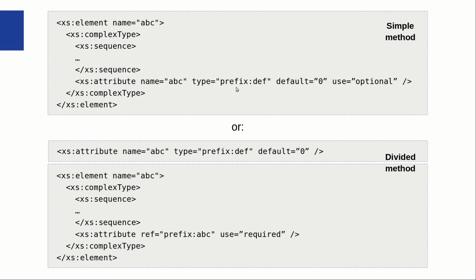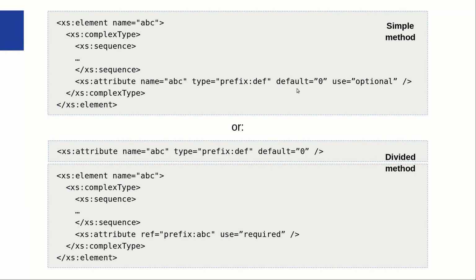If you're setting a base type, for example, xs:string, or any other custom prefix linked to any custom namespace, if you're declaring any other derived type to the attribute.